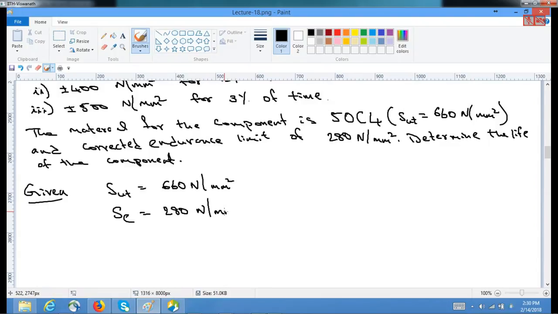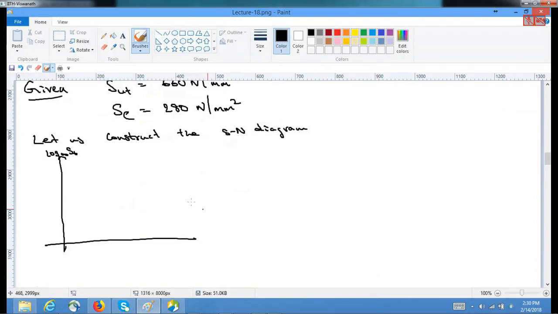Let us construct the SN diagram. If you construct the SN diagram in the log 10 S, log 10 N, we know that this point is log 10 of 0.9 times SUT, and this point is log 10 SE.